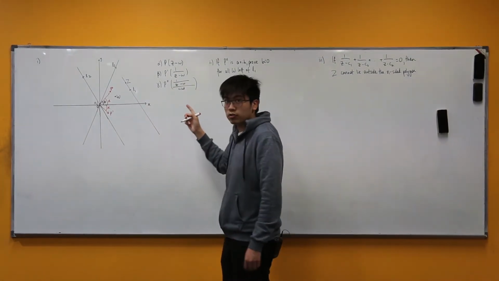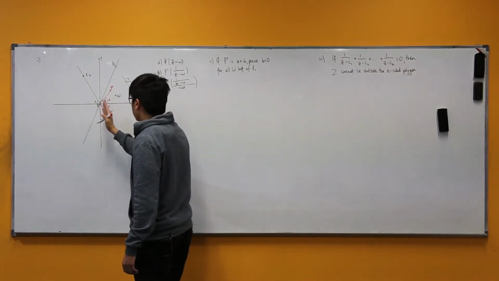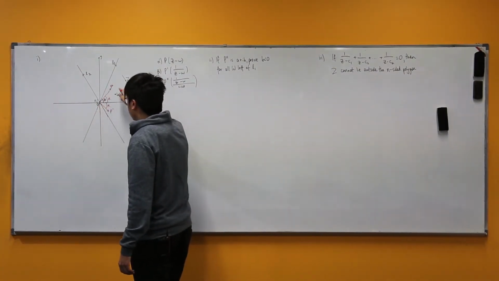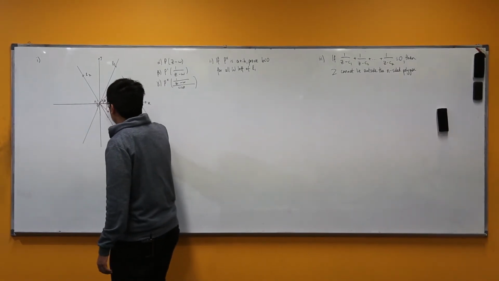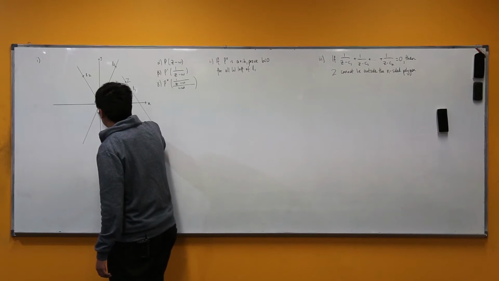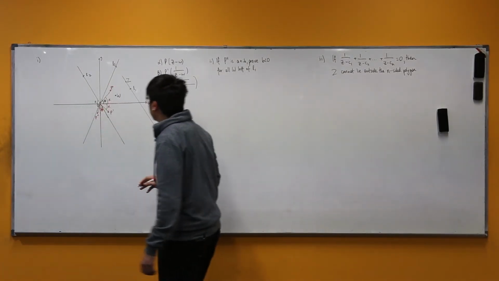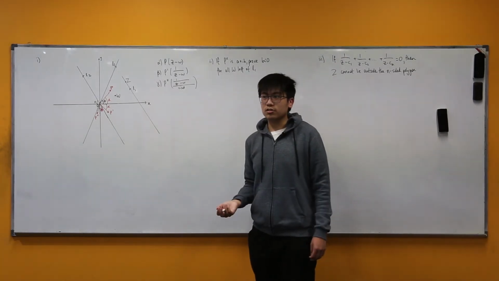So this is just De Moivre's theorem, where you rotate the vector theta clockwise. So you want to measure your theta, and again, making sure everything is very accurate. So you can write theta over here, and the last point is P dash dash. And that's how you do the first question.